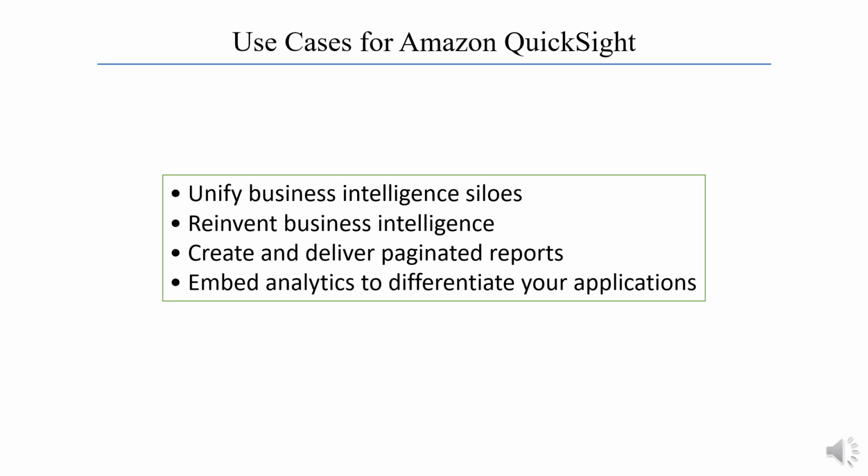Unify business intelligence silos. Amazon QuickSight powers data-driven organizations with unified business intelligence at hyperscale. With QuickSight, all users can meet varying analytic needs from the same source of truth through modern interactive dashboards, paginated reports, embedded analytics, and natural language queries.